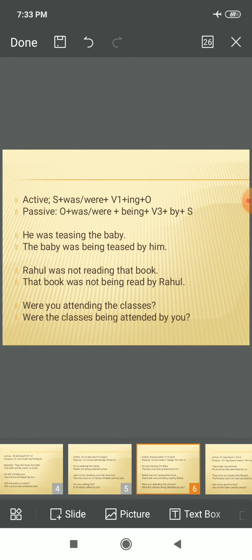The classes would come in the beginning. Were the classes being attended by you? Attending means attend verb's first form plus ing is there. First form would change into third, attended, ing would change into being, right? Were the classes being attended by you? Question mark, right? I hope that's clear.